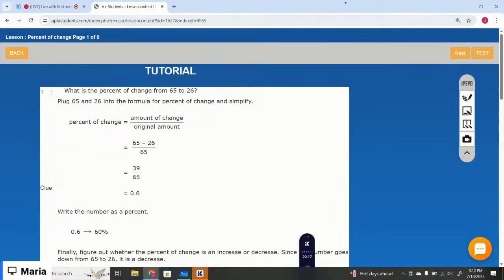What is the percent of change from 65 to 26? So we need to calculate the percent of change.